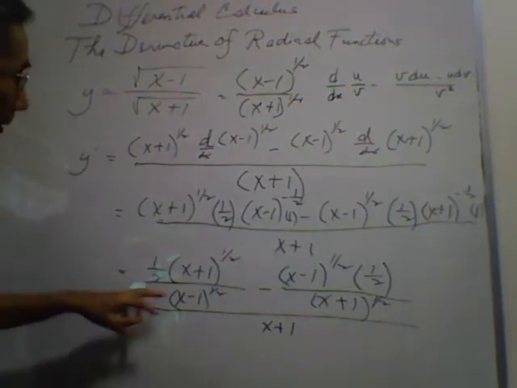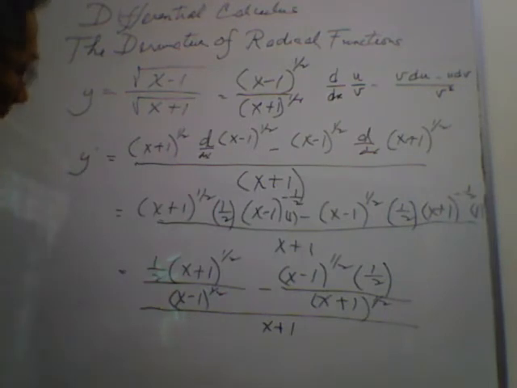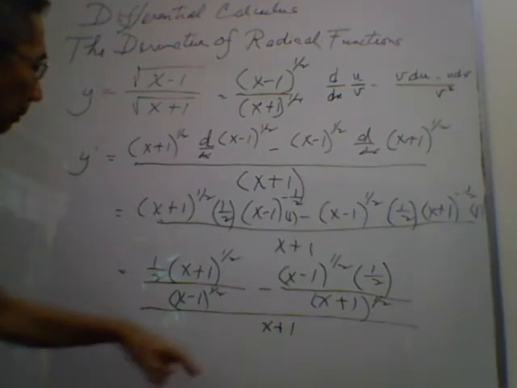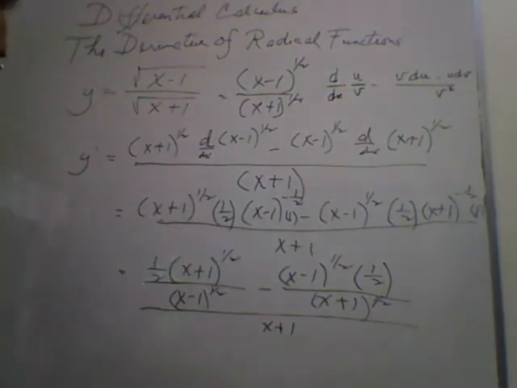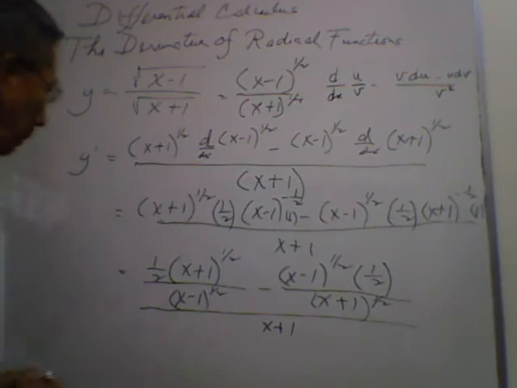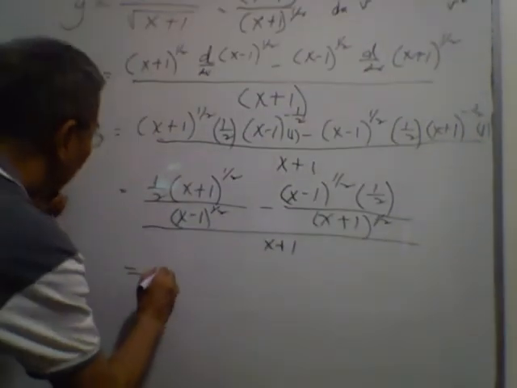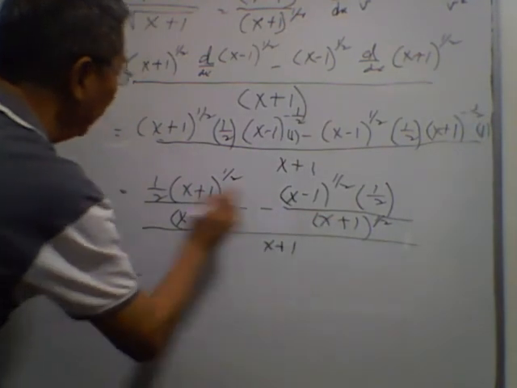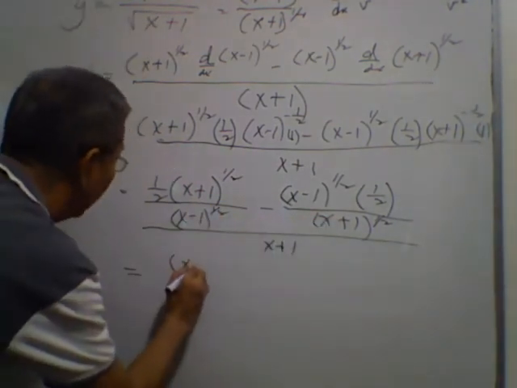So for our numerator, as you can see, we have different denominators in that part of the numerator. So what I'm going to do is get the LCD of that, which is x minus 1 and x plus 1 raised to 1 half also. To combine that, this one is x plus 1 times x plus 1 raised to 1 half, that will become the power of 1.